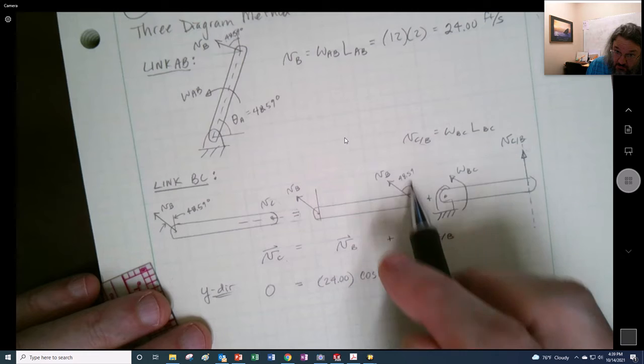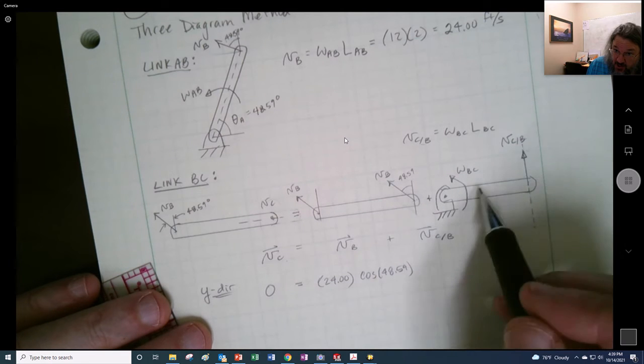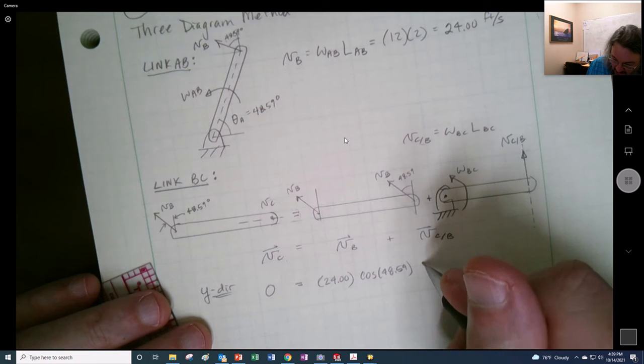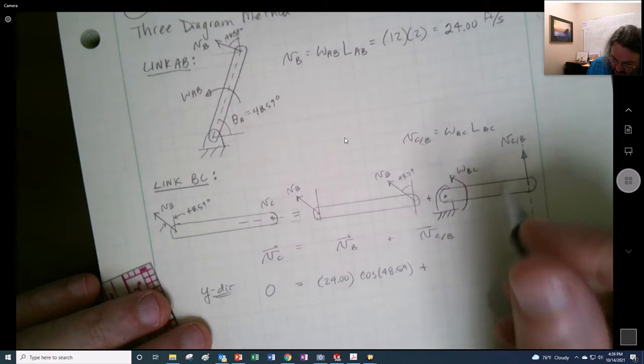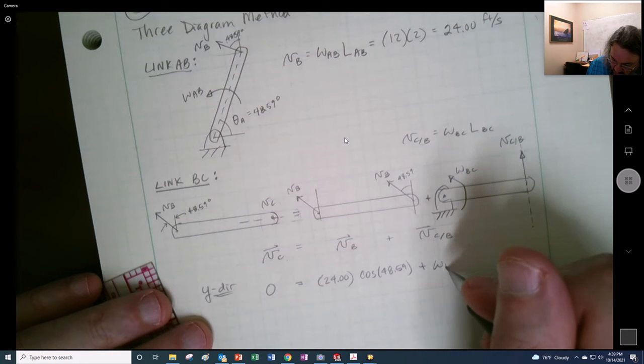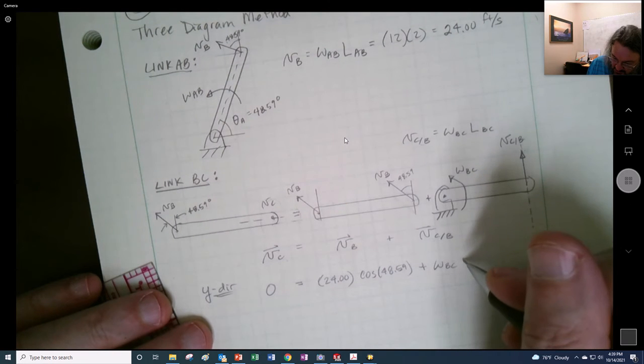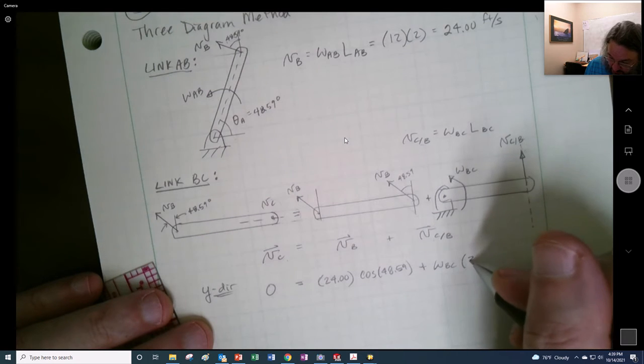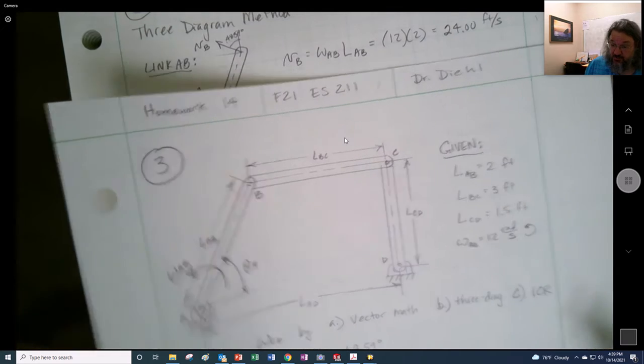That's the vertical component right here. And then this guy, this is entirely the vertical component. It's going to have plus omega BC times LBC, which is 3 feet that we got from the original problem. That's that 3 feet right there.